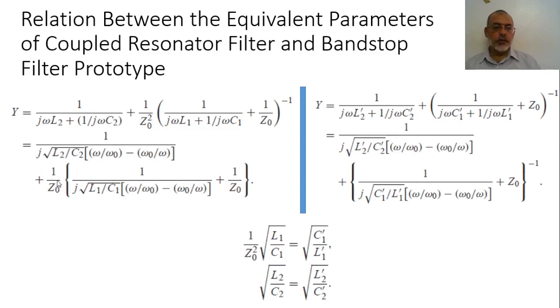And one over Z naught squared multiplied by this bracket to the power minus 1 corresponds to, let us see, 1 over Z naught square root of L1 over C1 should equal square root of C1 dash over L1 dash.